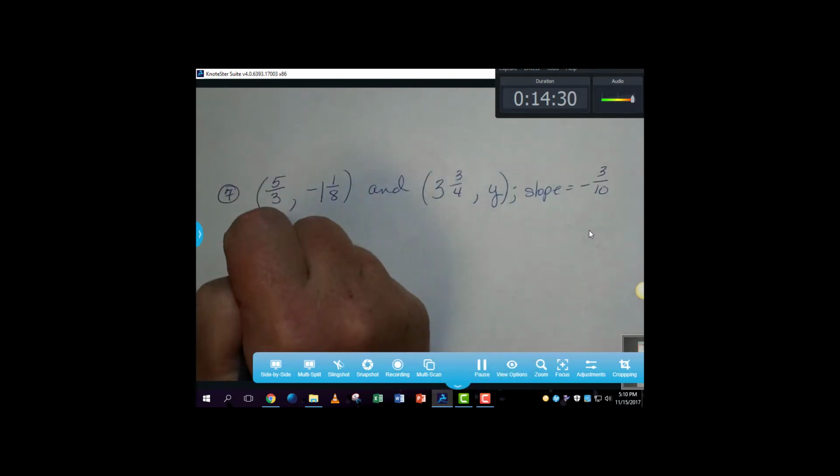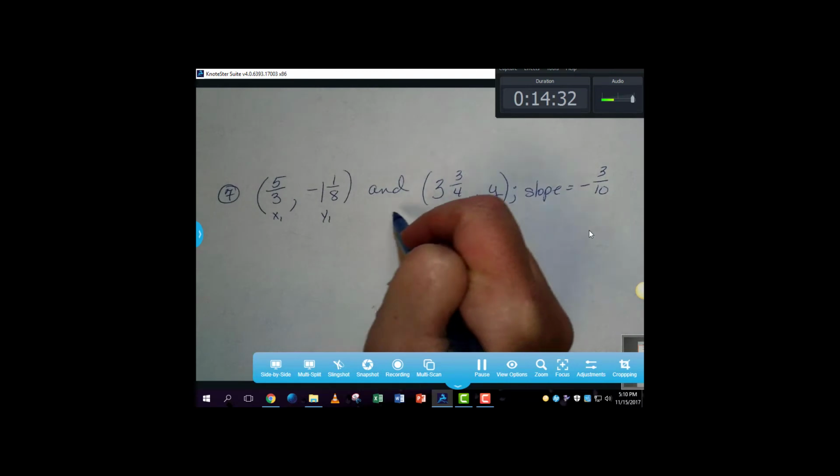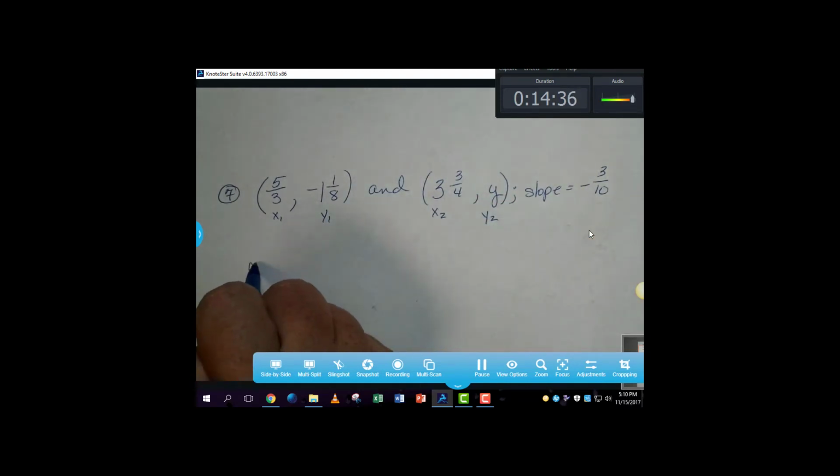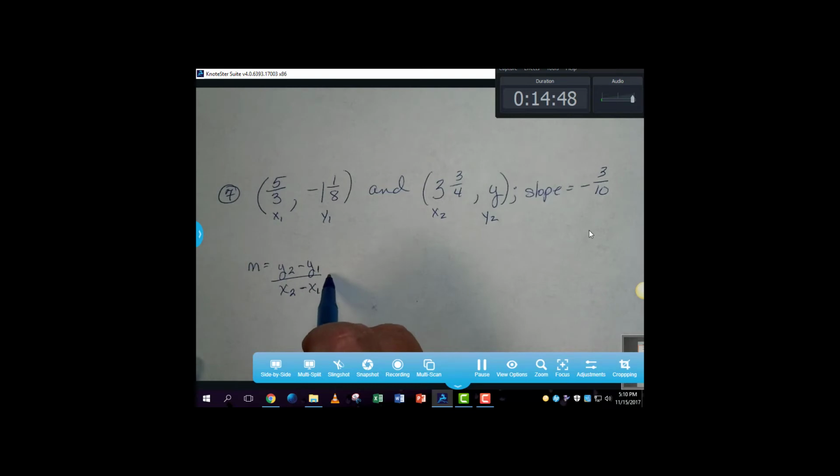Okay, so then I have x sub 1, y sub 1, x sub 2, y sub 2. I have my slope, which is going to be the change in y over the change in x, which is y sub 2 minus y sub 1 divided by x sub 2 minus x sub 1.